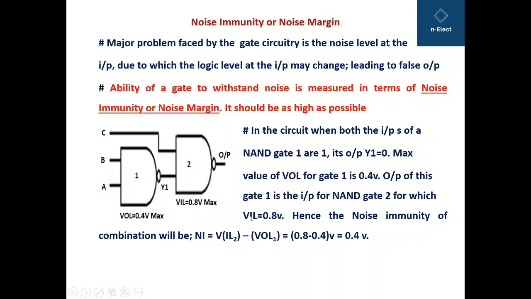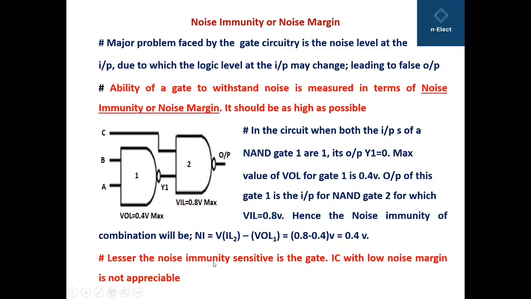Now the input voltage level is given here. Similarly, the output voltage level is also given as 0.4. So the difference between them will be the noise immunity. Therefore, for this circuit combination, the noise immunity will be VIL2 minus VOL1, that is 0.8 minus 0.4 volts, which gives 0.4 volts.